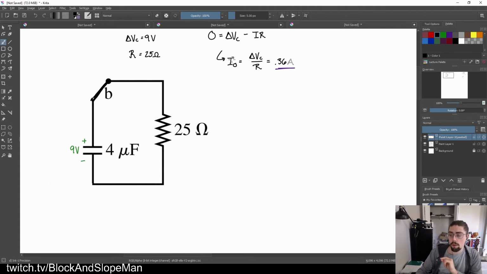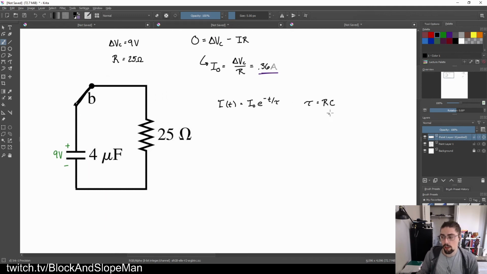Because we might remember, I know it's only been 10 minutes, that the current at any point t, after we have closed and allowed the capacitor to start discharging, is going to be equal to I naught, the very same, times e to the negative t over tau, where tau, our time constant, is equal to R times C. And this has to be in standard units. Keep that in mind. We've got to be careful with this. It has to match the units of our time.